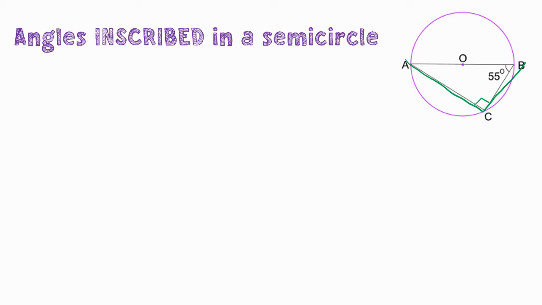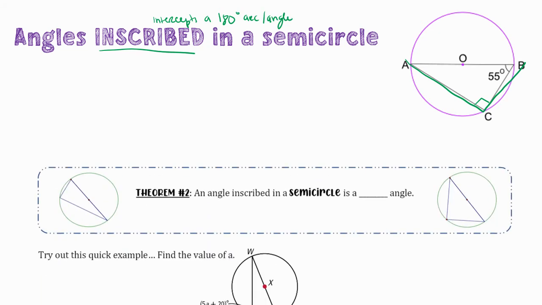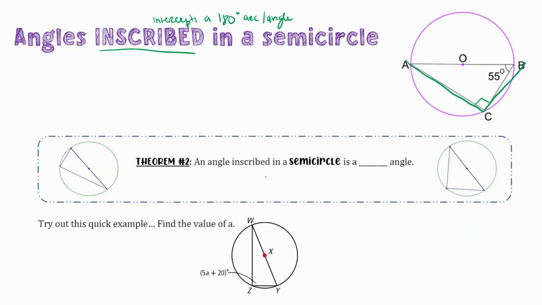I want to know that an angle inscribed in a semicircle, an angle that, when I'm saying inscribed, intercepts a 180-degree arc, right? So that's my second theorem. An angle inscribed in a semicircle is a 90-degree angle, or a right angle.